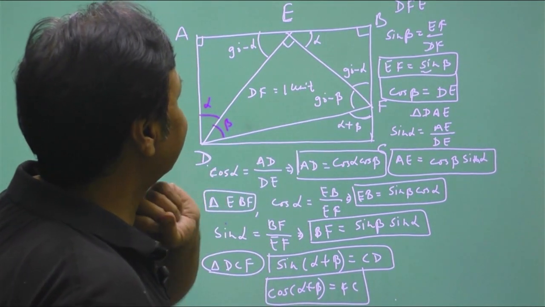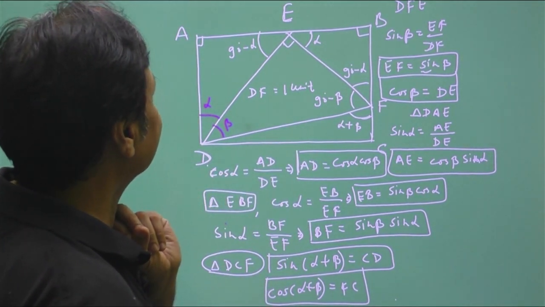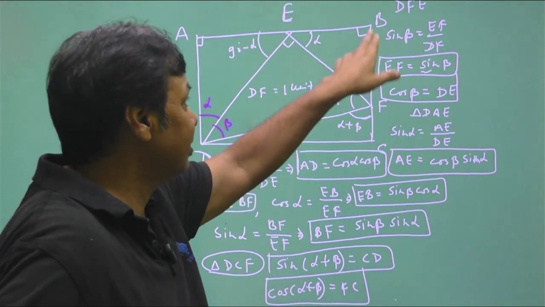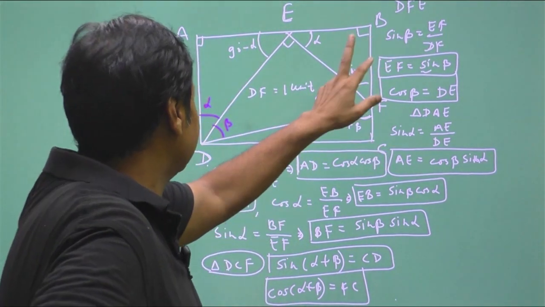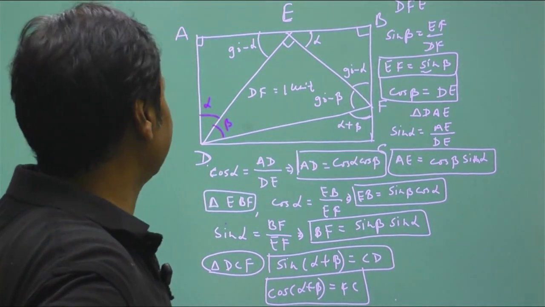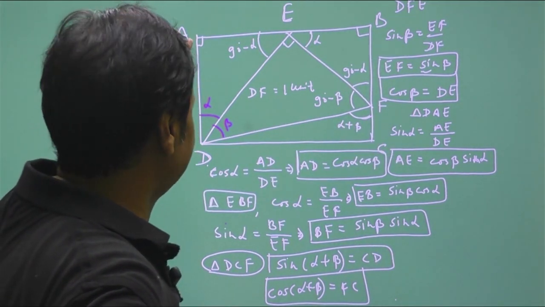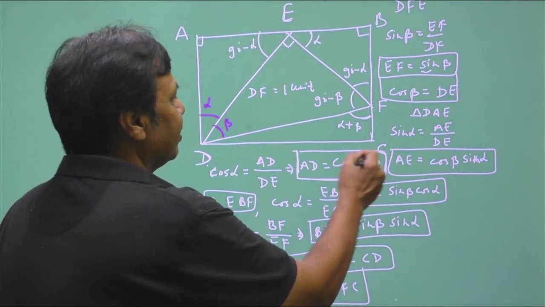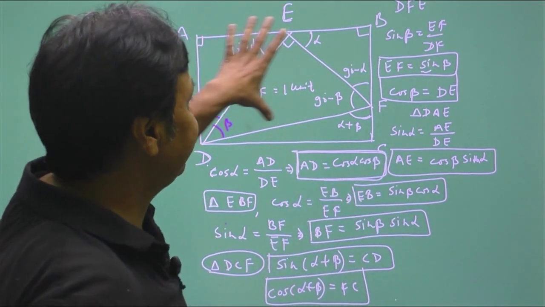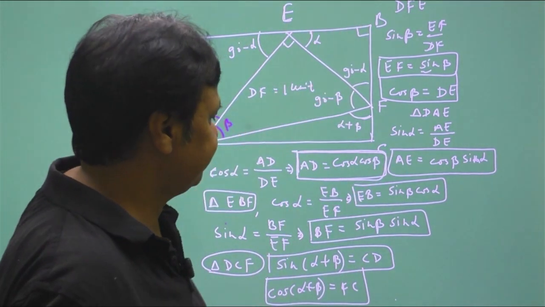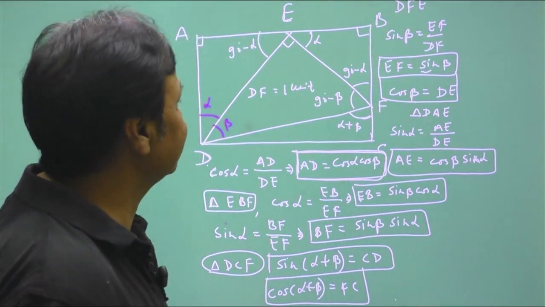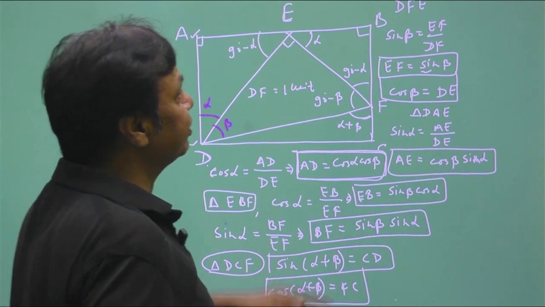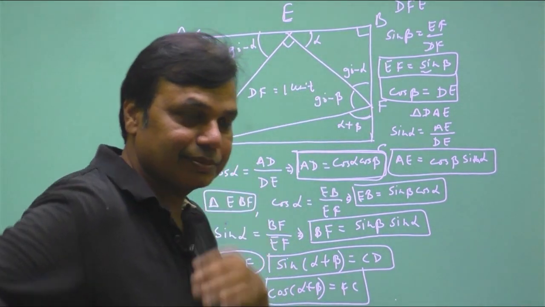But this FC is this side, BC. We don't have BC, but we have AD. AD is equal to BC. You can see here, this AD is equal to BC.